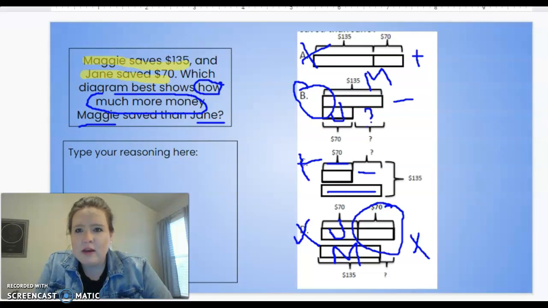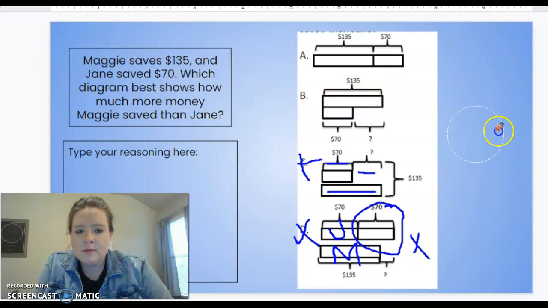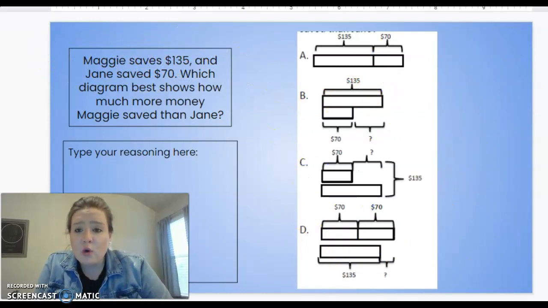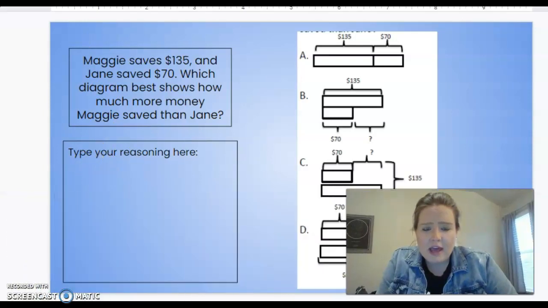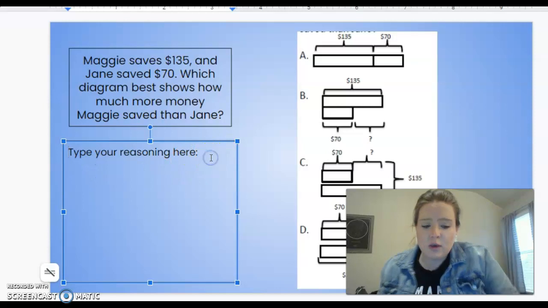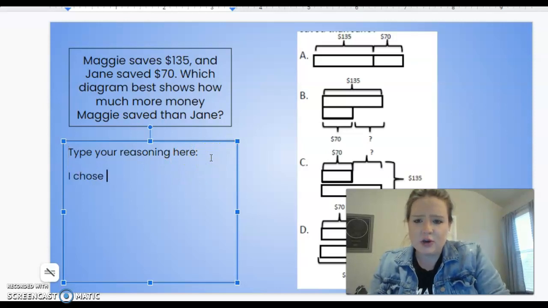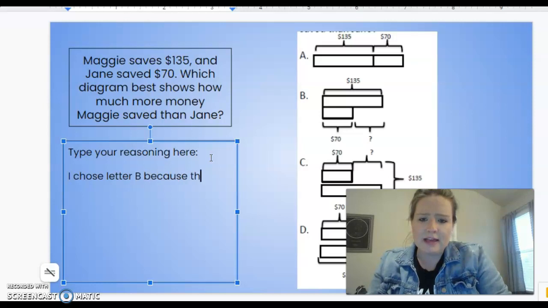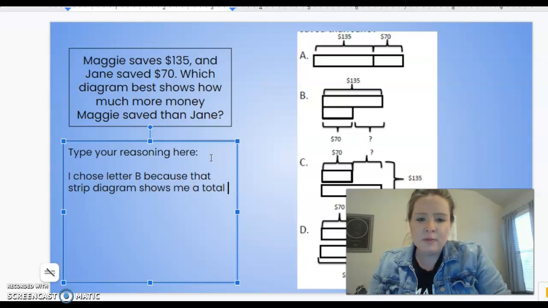All right, let's look at a different one. Let me erase this. Oh, and you need to type your reasoning here, okay? And you can say, so we chose letter B. I chose letter B because that strip diagram shows me a total and the amount that Jane saved.